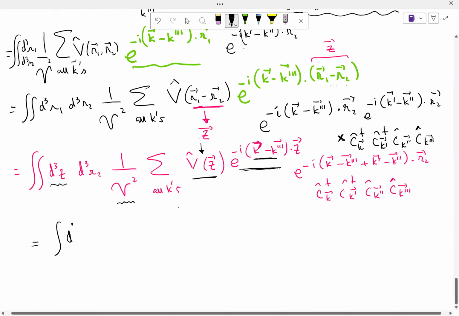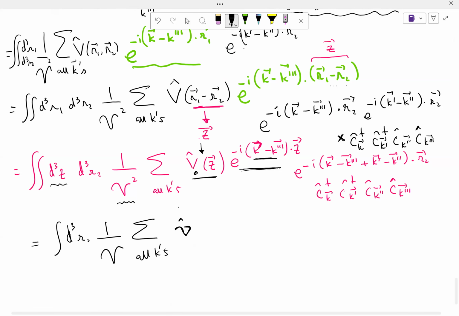So when I do that, I get d cube R2. I'm left with 1 over V, all k's, and I take the Fourier transform of this electrostatic potential V at k minus k triple prime, right?